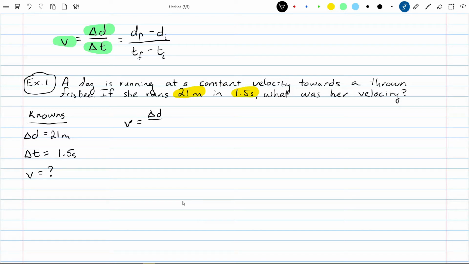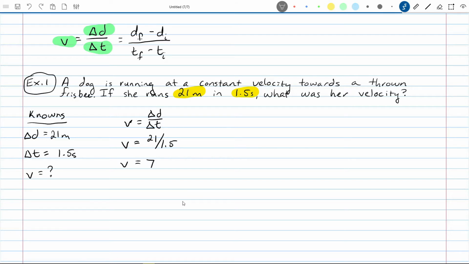This is something I will be very particular about. I want you to always write the equation without numbers to begin with. Now, since it's already set up as v equals something else, we can go ahead and plug in our numbers. So velocity is 21 divided by 1.5. So velocity is 7. And we need to put our units. This is also very important. Miles per hour is very different from meters per second.